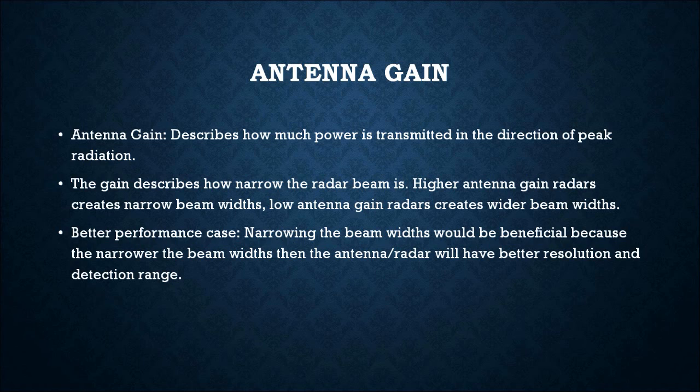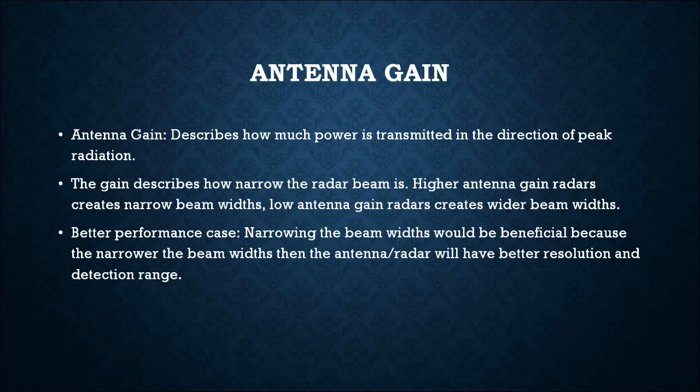On the transmitting side, the antenna gain describes how well the antenna converts input power into radio waves, where those waves will be directed in specific directions. Whereas on the receiving side, antenna gain describes how well the antenna converts radio waves arriving from a specified direction into power.